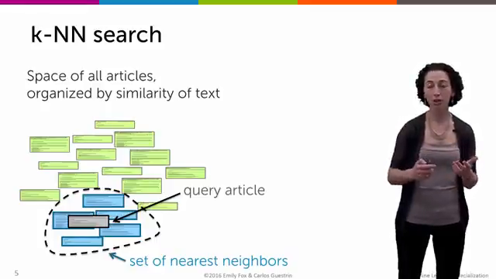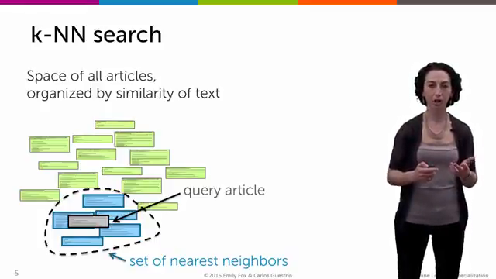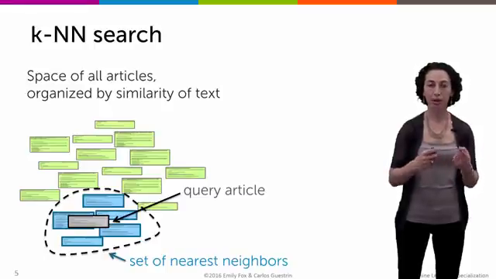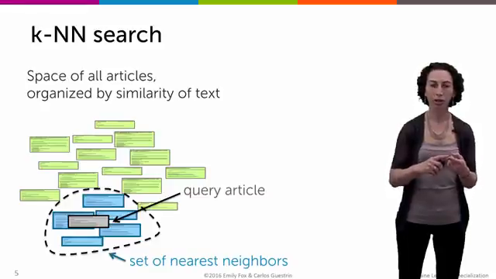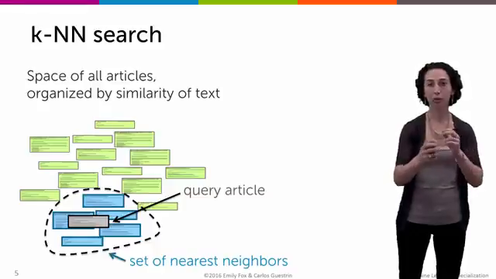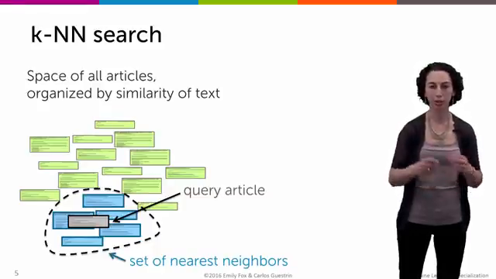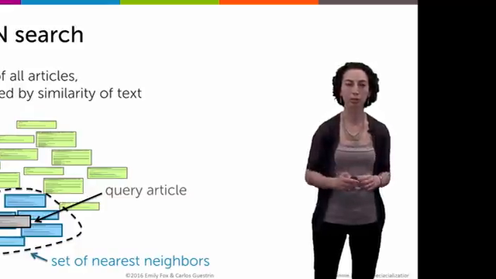But in both one nearest neighbor and k nearest neighbor search, there are two really critical elements to the performance of the method. The first is how we think about representing our data. So in our case study, the question is, how are we going to represent our documents? And then the second critical element is, how are we going to measure the similarity or the distance between two data points? So again, in our case, two documents.